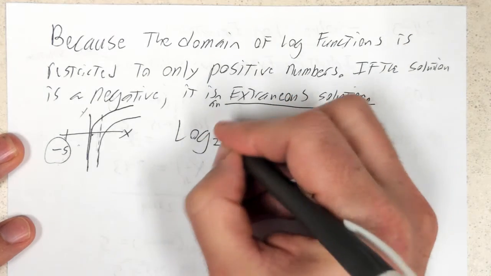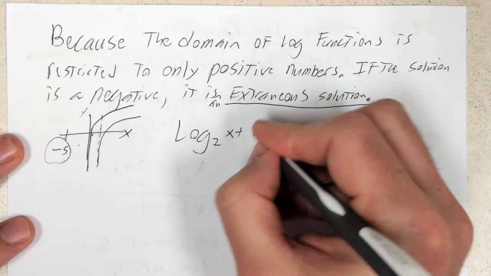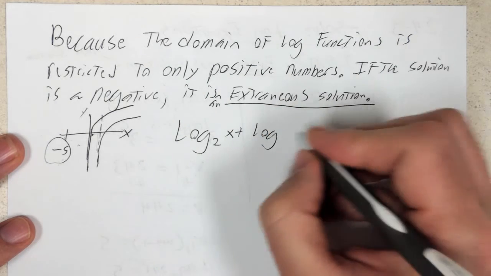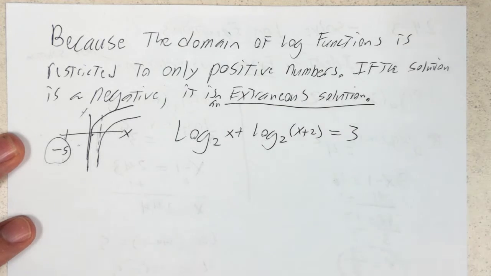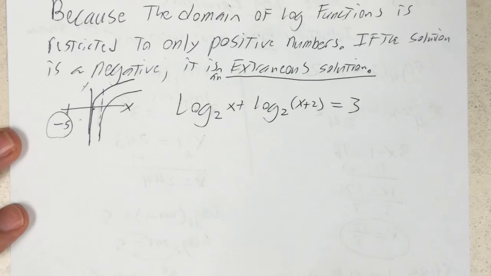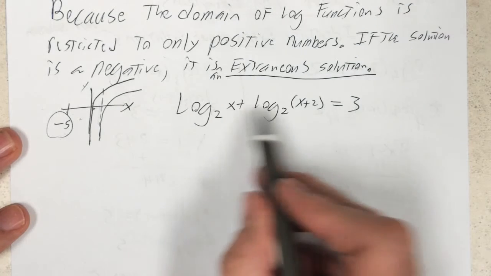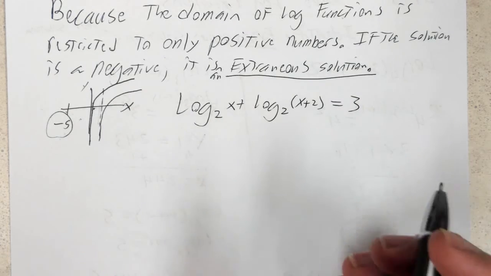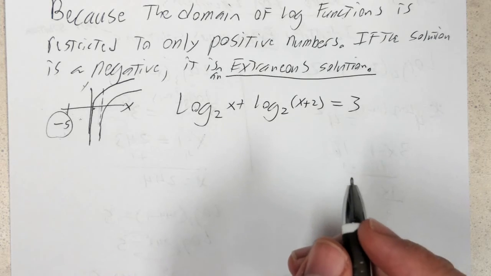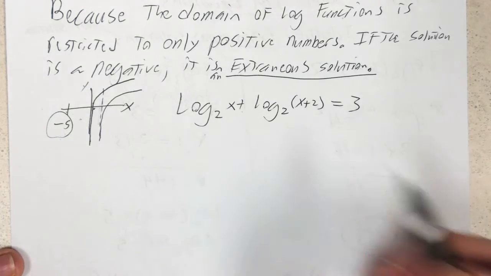Log base 2 of x plus log base 2 of x plus 2 is equal to 3. So we're getting a little bit more complicated. All right, when we're adding two logs, if we want to condense those, combine them into one, the operation when we're doing addition is multiply.